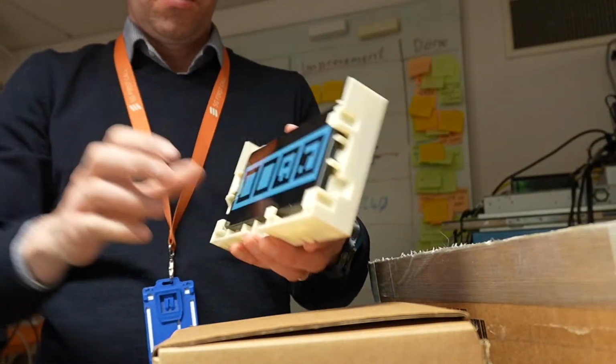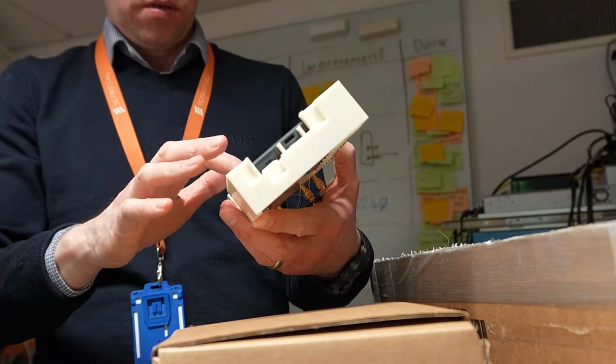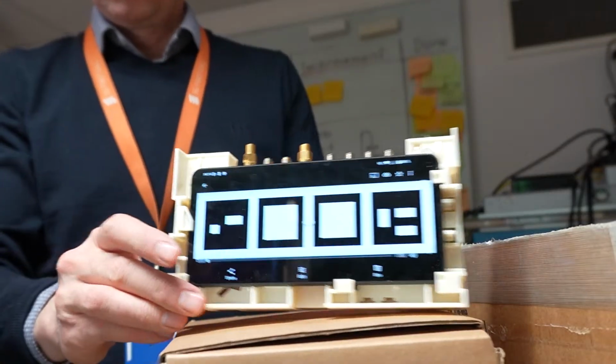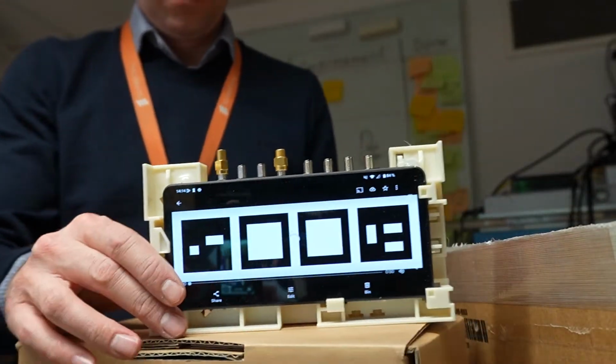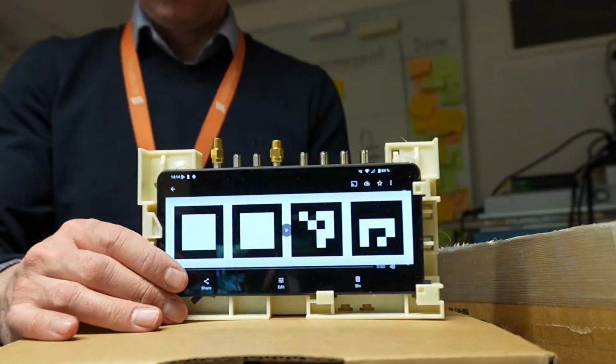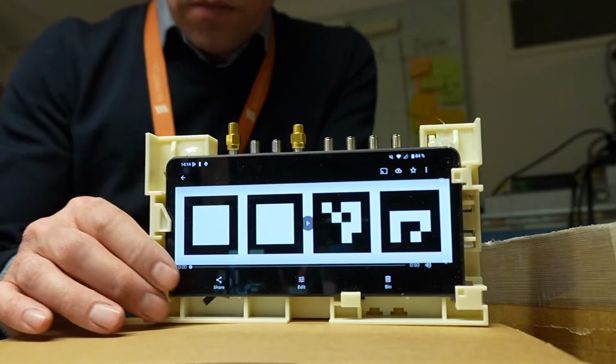Did it change? Yeah, I don't understand this live latency. It says 0 now. Now it's 4 seconds.